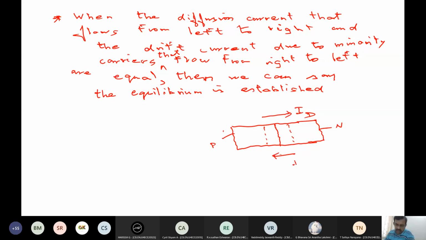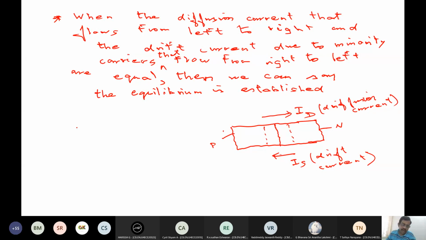And this is my IS. IS stands for the drift current. Drift current is always due to, in this case, minority carrier. Here, diffusion current. So they are in opposite direction to each other when the PN junction is under no bias or zero bias, or we say the terminals are open circuited.